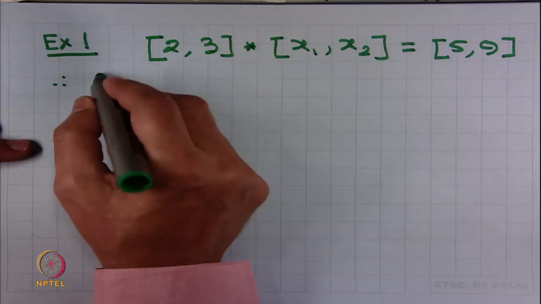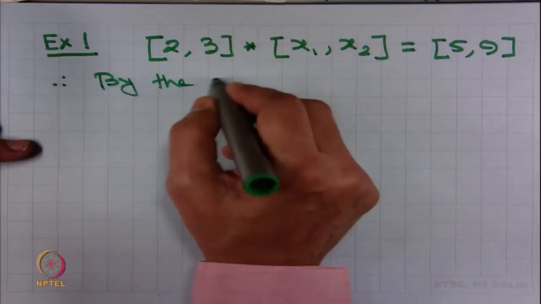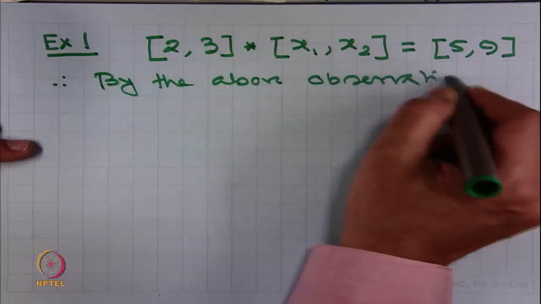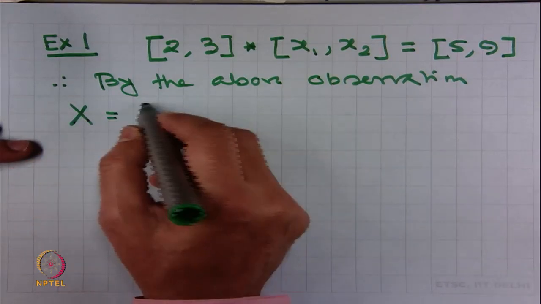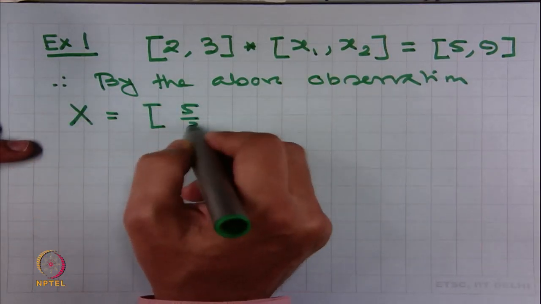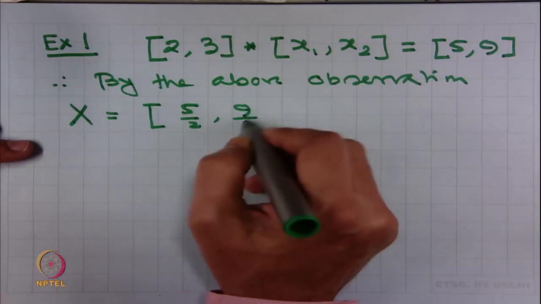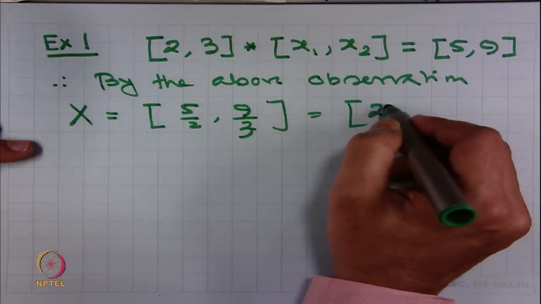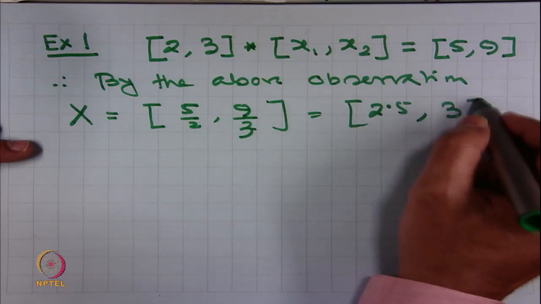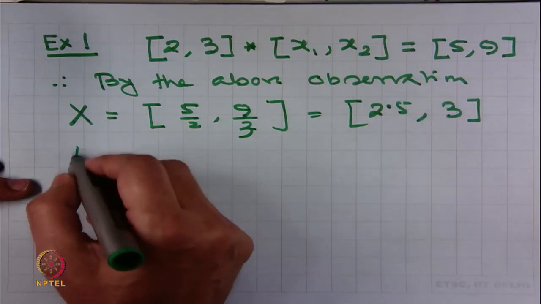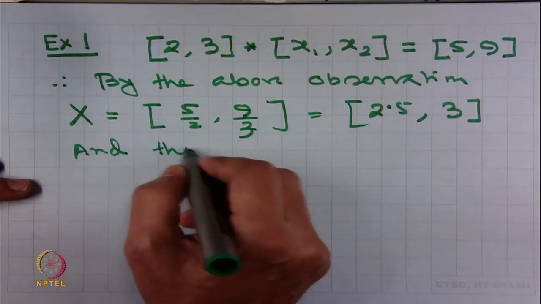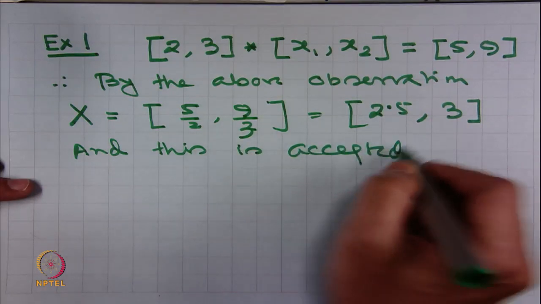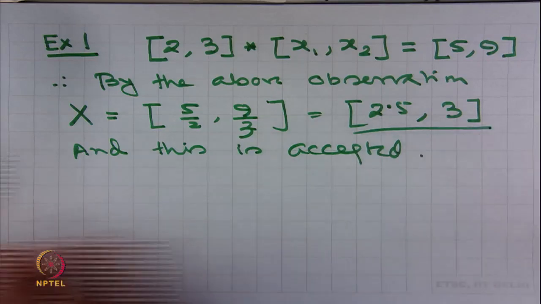Therefore, by the above observation, x may be 5 by 2 comma 9 by 3, which is equal to 2.5 comma 3, and this is accepted because this is a valid interval.